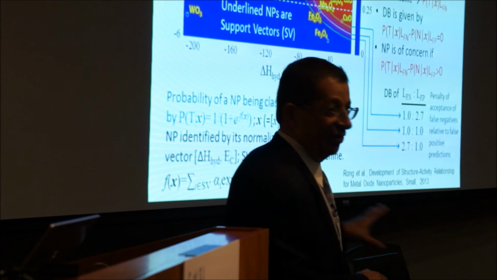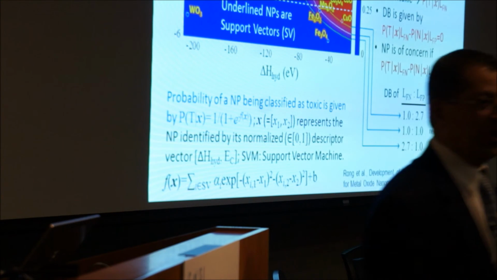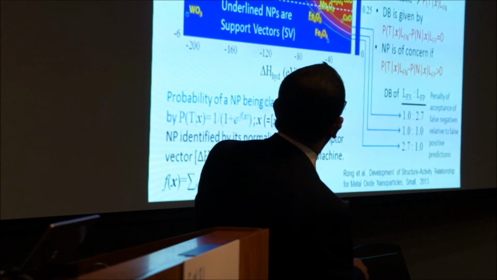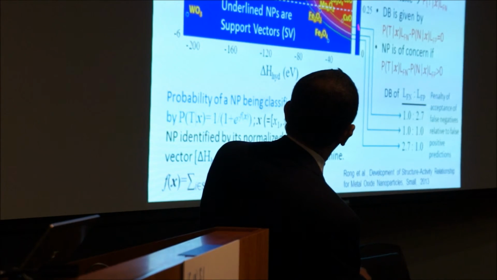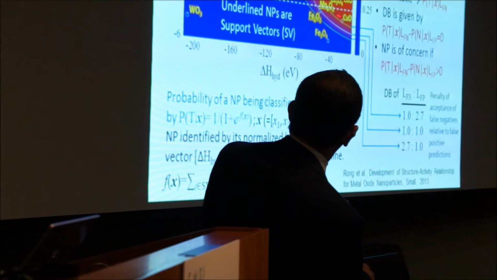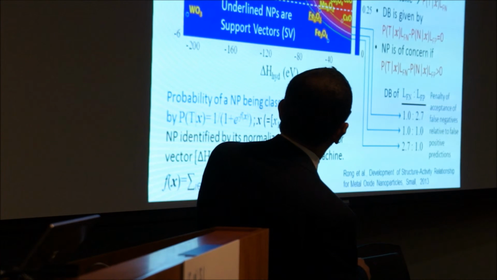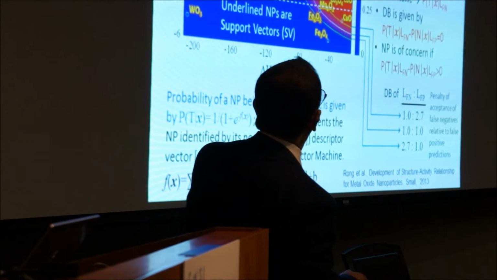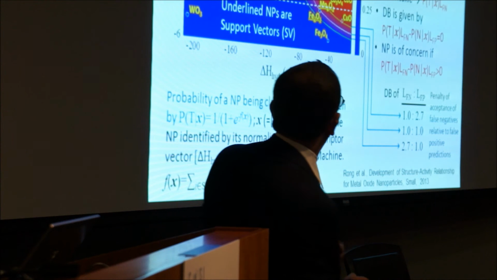So hot means it's toxic, blue, cold, non-toxic. This is a graduated map, so you see all the materials that have been identified as toxic are in here, and we can actually know the probability. Here we're expressing the probability by which we can say that a material is toxic.